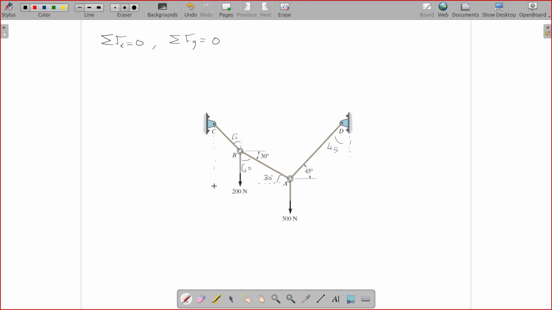Sorry, that's not true, because this is not a single drop. There is a force 200 Newton downwards here, because of which the point B is going to come downwards a little bit.